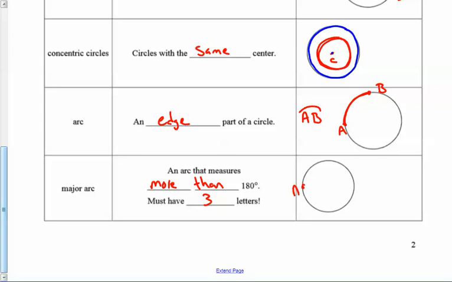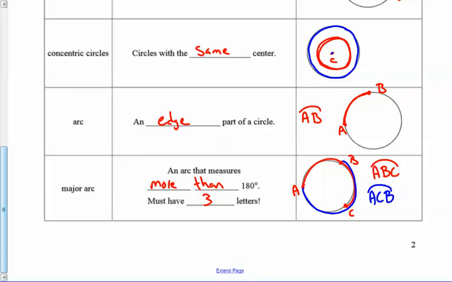So if I have point A, point B, and point C, then I would call this, the red line would be arc A, B, C. So I'm telling you to go from A to B to C, and that would be my arc. If I start here at A, and I go around this way, then the blue arc would be arc A, C, B.